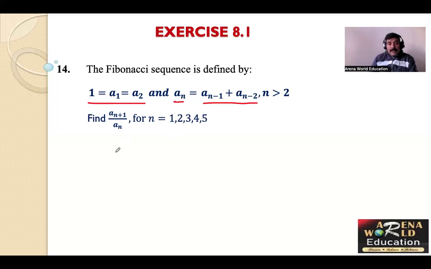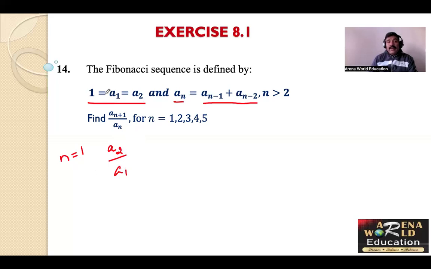So if I put n equal to 1, this will be a2 divided by a1, right?